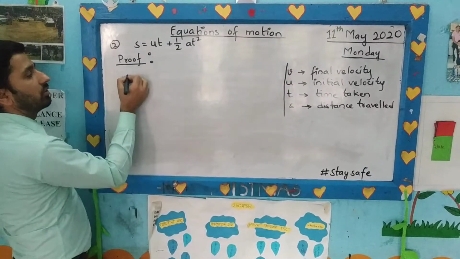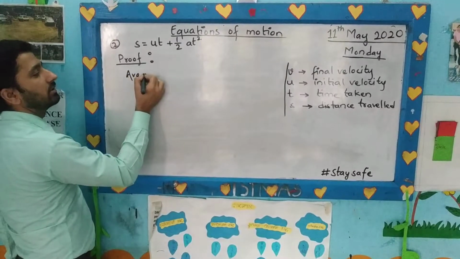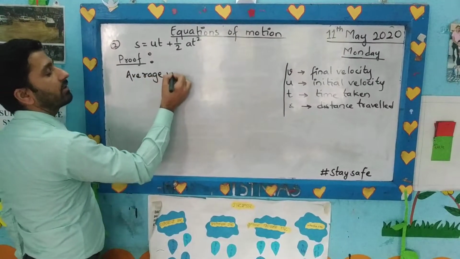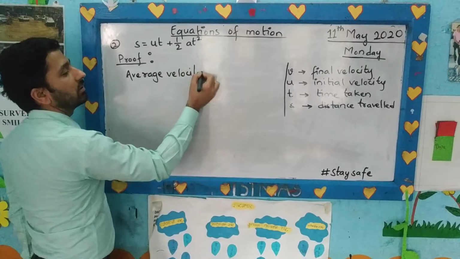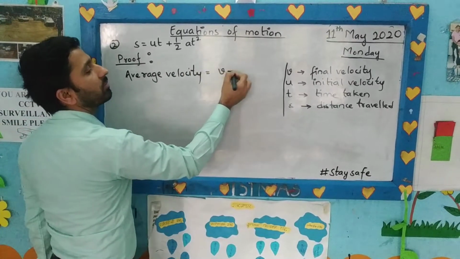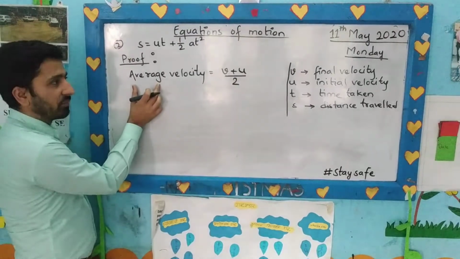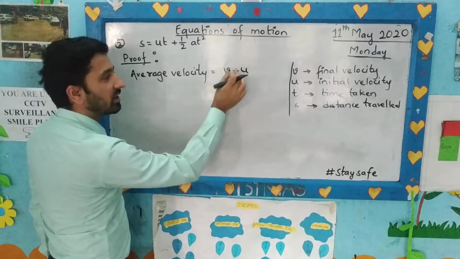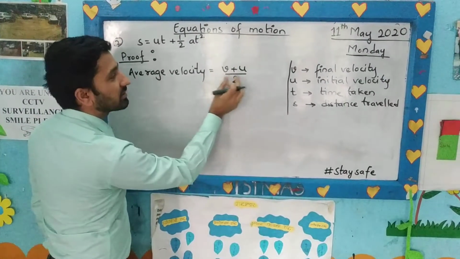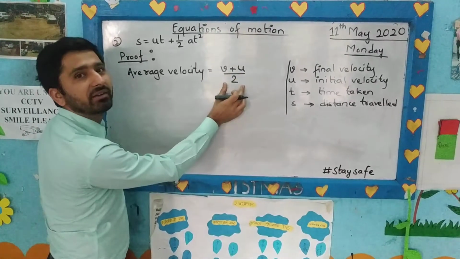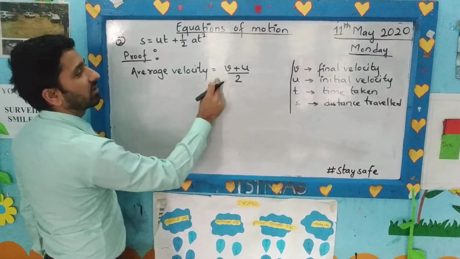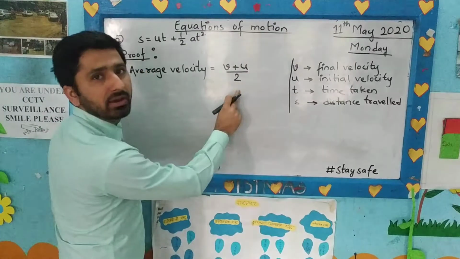That means we know the average velocity will be equal to v plus u divided by 2. Average means mean. There are two velocities. Their mean will be their sum divided by how many velocities? 2. That's why divided by 2. Now average velocity equals v plus u divided by 2.